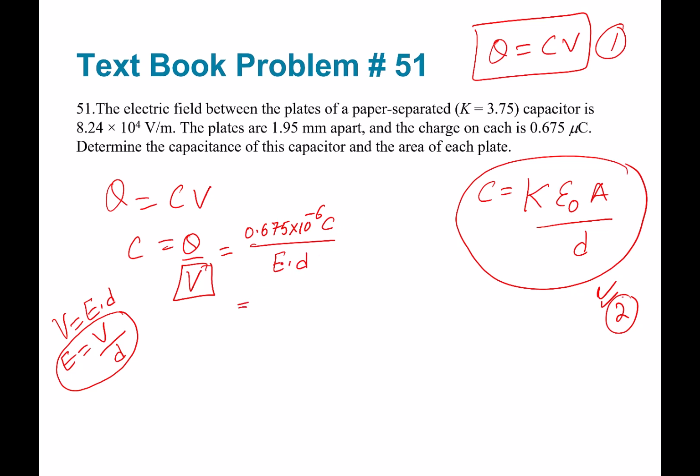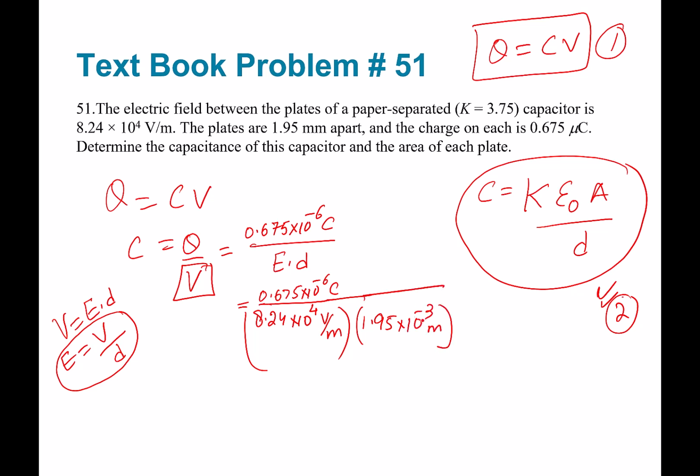We have the electric field given to us, 8.24 times 10 to the power of 4 volts per meter. And the distance of separation is 1.95 millimeters, that is 10 to the power of minus 3 meters. Solving this, we end up getting the capacitance as C = 4.20 times 10 to the power of minus 9 farads, which is 4.20 nanofarads.